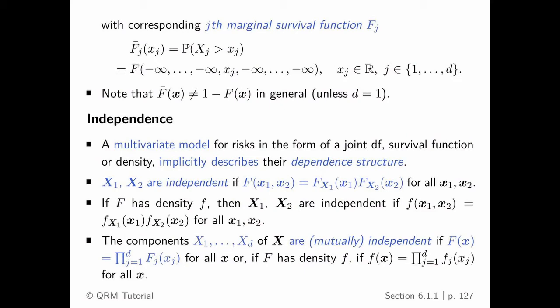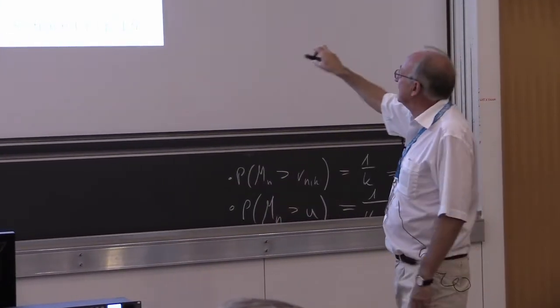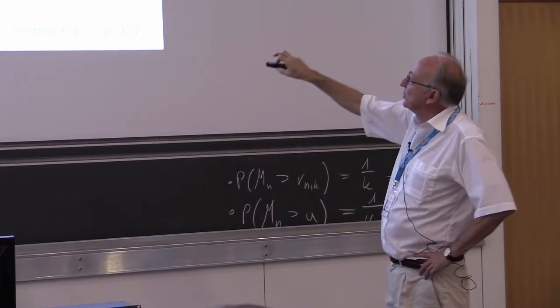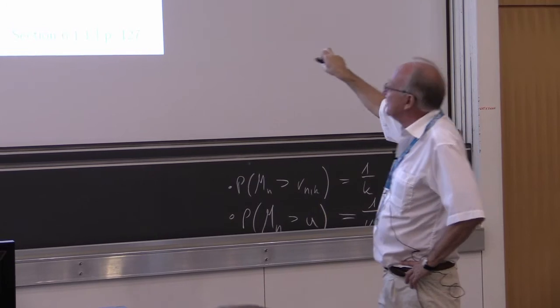Okay? These components themselves of my vector are independent. We will typically say independent. Sometimes people want to stress mutually independent rather than pairwise independent. I mean, when we say independent, it really is globally independent, mutual independence, if the joint distribution is the product of the marginals. And again, you can write it down at the level of densities if you have it.